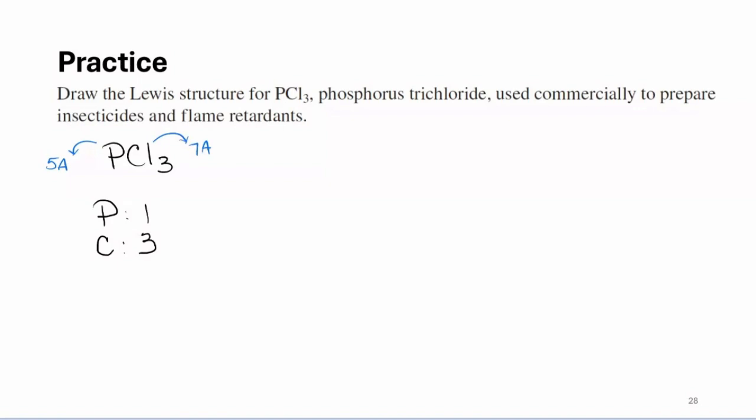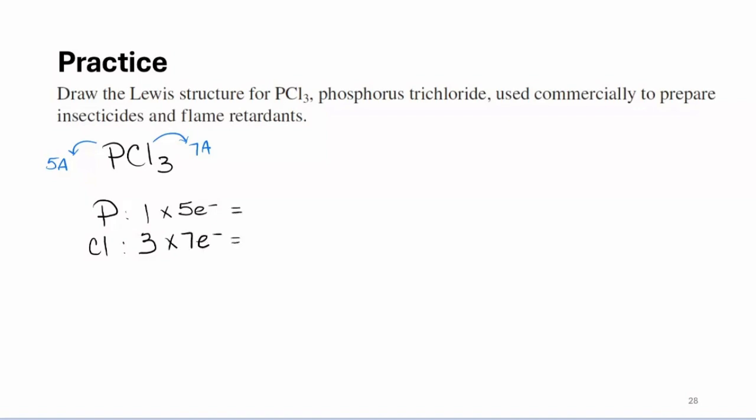So what that means is that since phosphorus lives in group 5A, it has 5 valence electrons, and that's what is going to contribute into the structure. Chlorine, because it lives in group 7A, each chlorine is going to contribute 7 valence electrons.